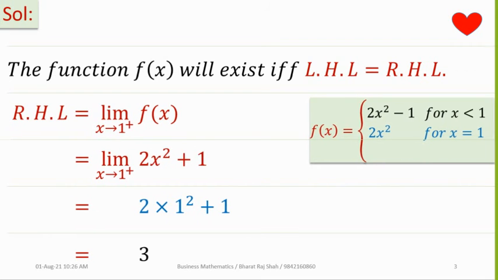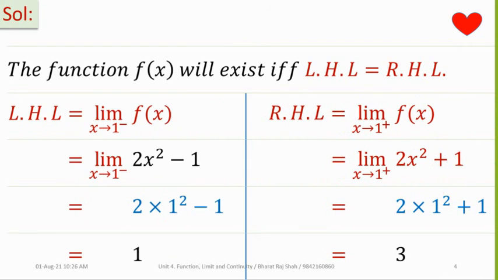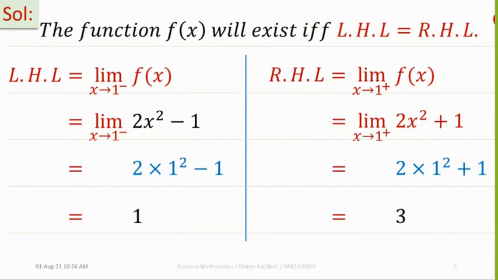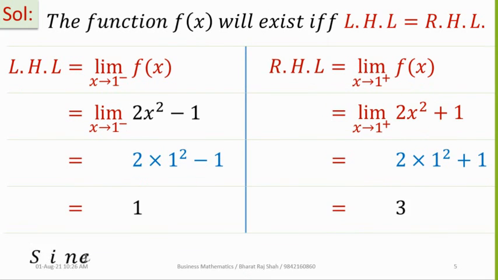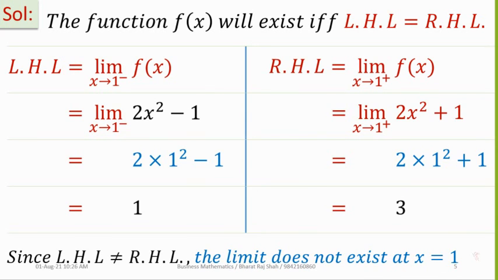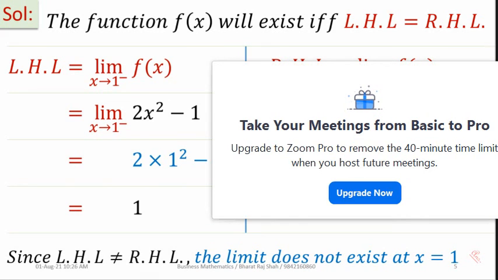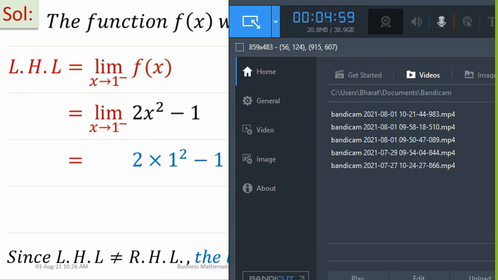And its value comes to 3. Left hand side, value 1. Right hand side, value 3. And both are not equal. Therefore, we can say that since the left hand limit is not equal to the right hand limit, the limit does not exist.